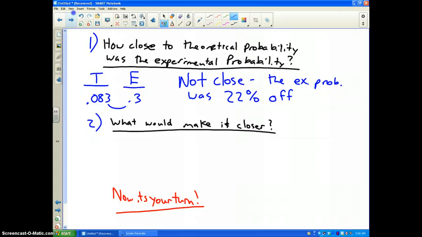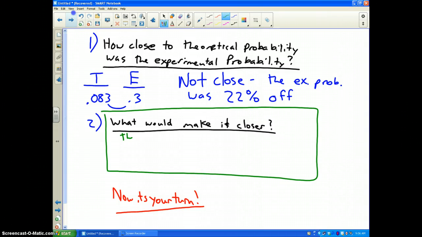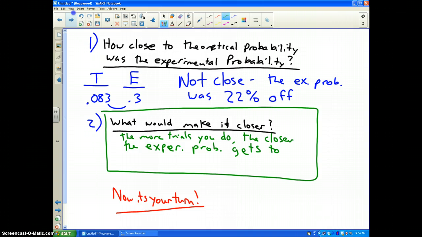Question number 2: what would make it closer? And here is the most important thing I want you to get from this video. The more trials you do, the closer the experimental probability gets to the theoretical probability.